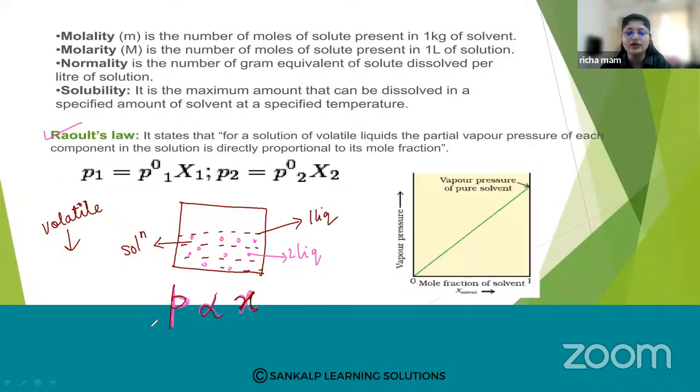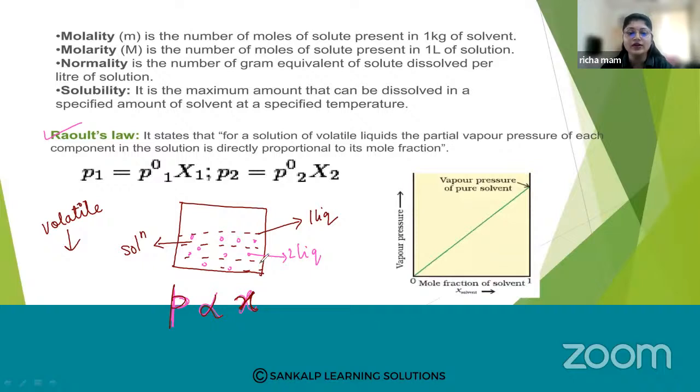Now in Henry's law, we removed the proportionality sign and introduced the constant KH. Now, what you have to note is that here both the components are volatile in nature.